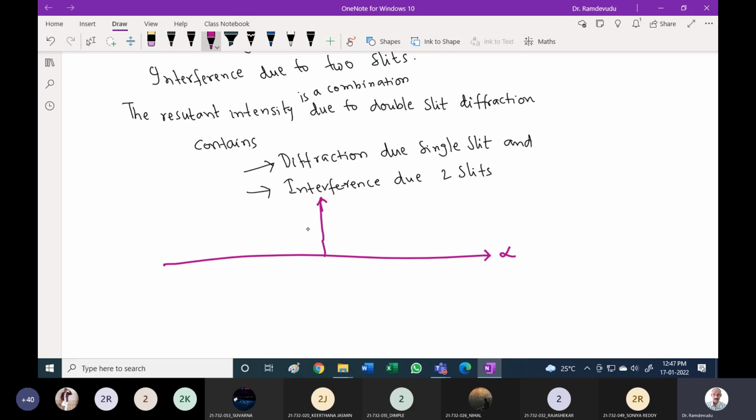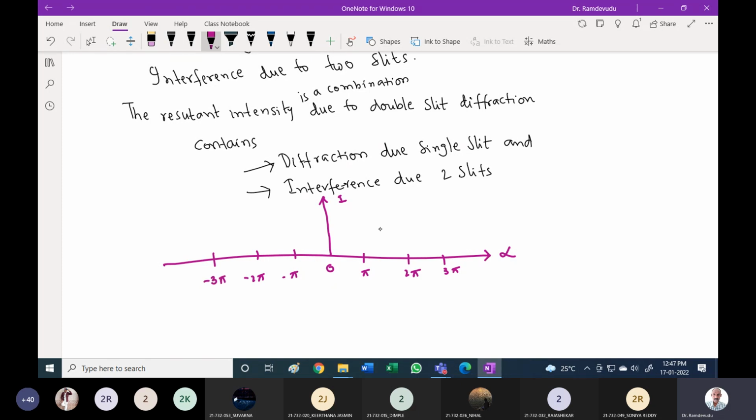You know that, if I take this as the intensity, for single slit at pi, 2 pi, 3 pi, we have minimas. Minus pi, minus 2 pi, and minus 3 pi, we have minimas.